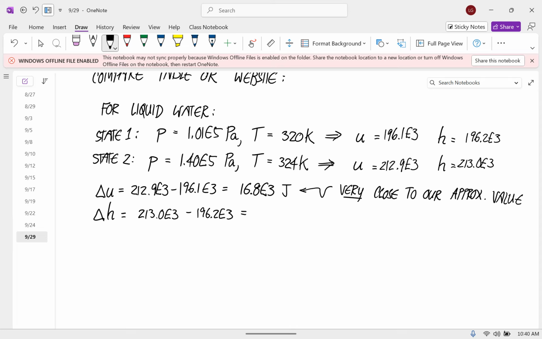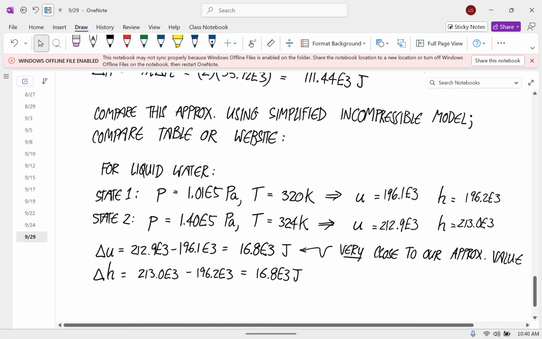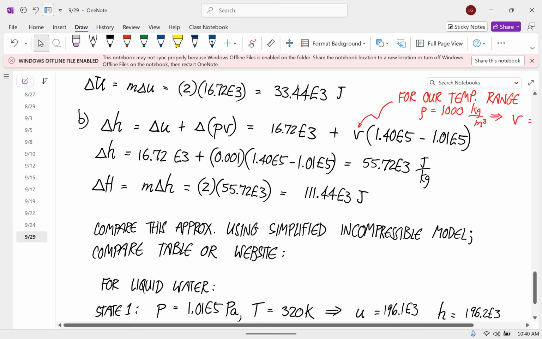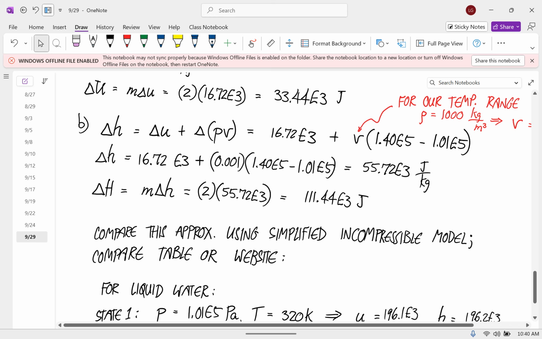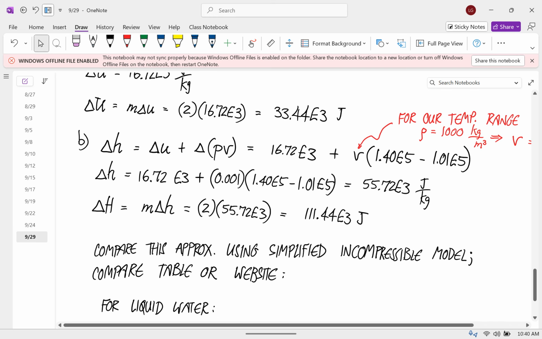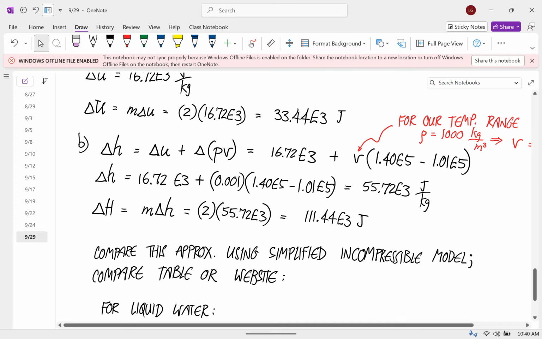And that should come out the same, right? 16.8 times 10 to the third joules. How does that compare to our value? Not very close. That was not what I was hoping to see here.